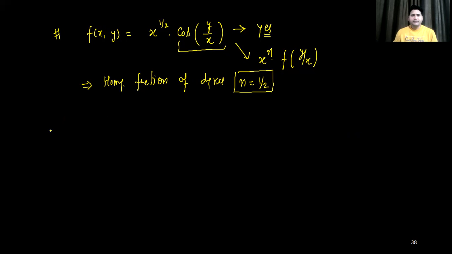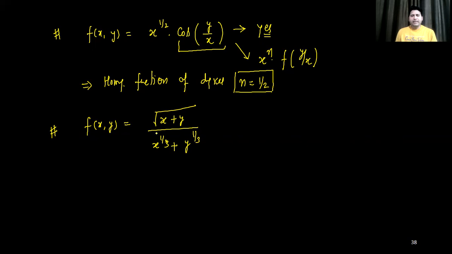Moving ahead, suppose that this time I have another function like f(x, y) equals root of x plus y over x to the power 1 upon 3 plus y to the power 1 upon 3.